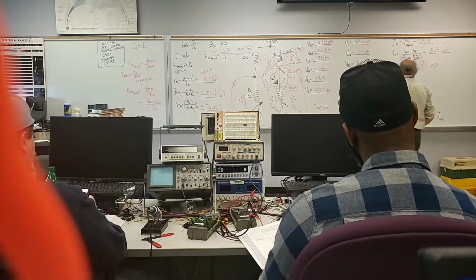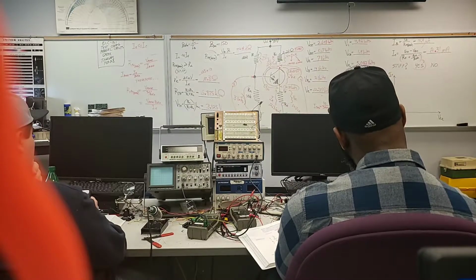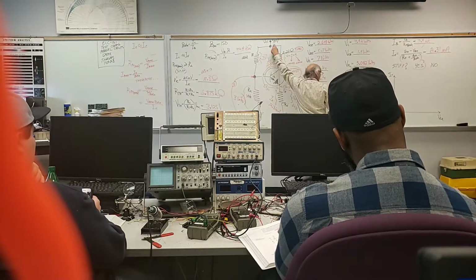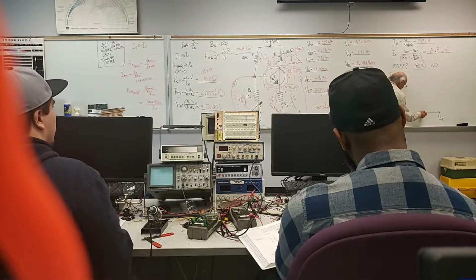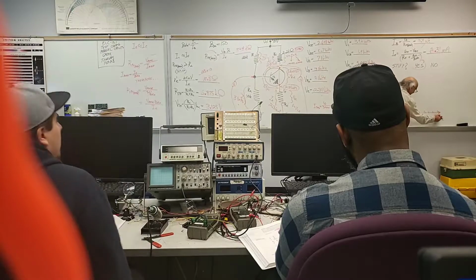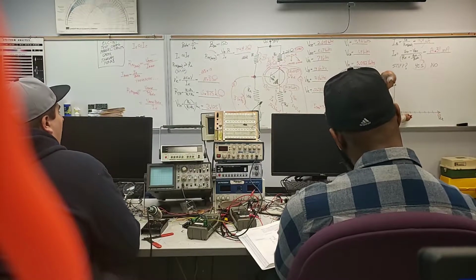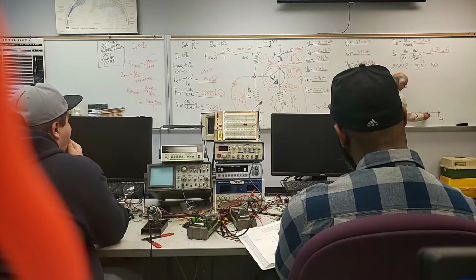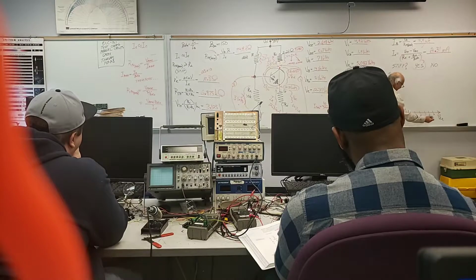Now, this is how you draw the load line. Well, you got 10 volts for the source voltage. So you mark out 1, 2, 3, 4, 5, 6, 7, 8, 9, 10. Call that point right there 10. And this is the voltage that the collector measures from the emitter.